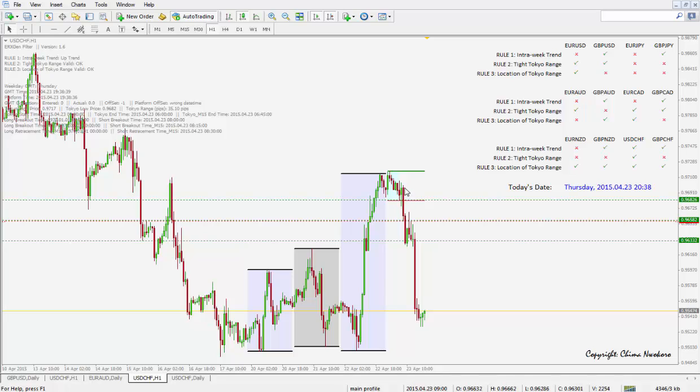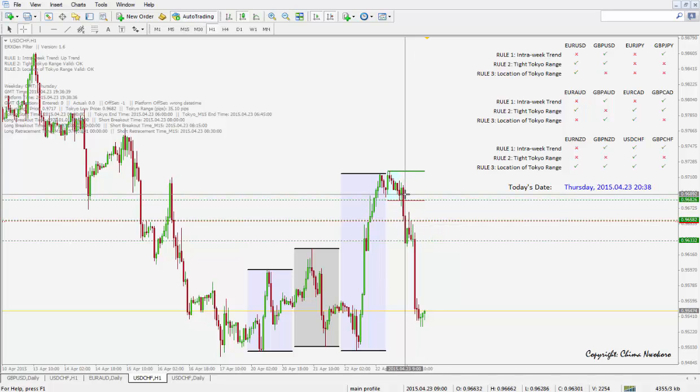So on the 7 a.m. GMT bar, I closed 25 pips, half lot.